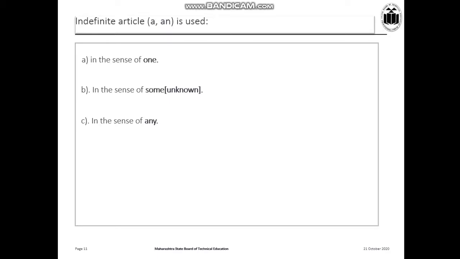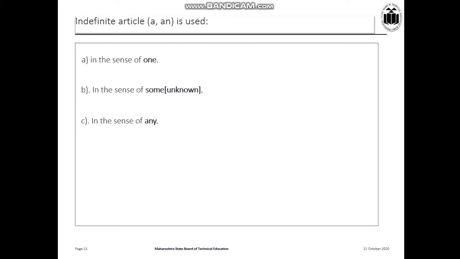He brought a dozen books. He brought an eraser. So in the sense of one, when the number one comes here, we have to use a, depending on the vowel and consonant sound. Though there are 12 bananas, they are nothing but 1 dozen of bananas. So when it comes to one, we use a dozen of bananas.